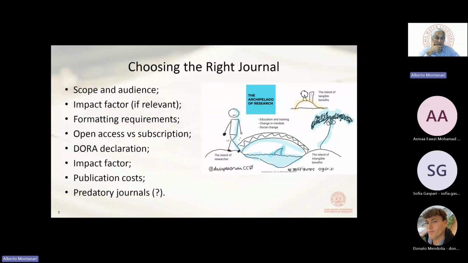Just keep it in mind, because it's important that when we select the journal, we consider a lot of information, including impact factor, but on the other hand, we also have to be fully aware of the limits of these bibliometrics, which are widely used.